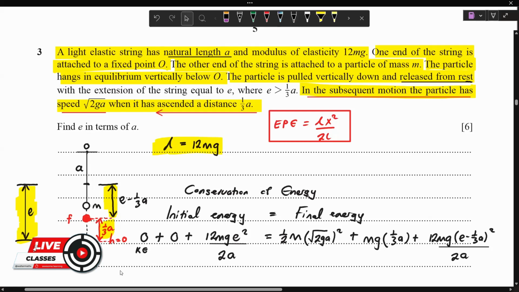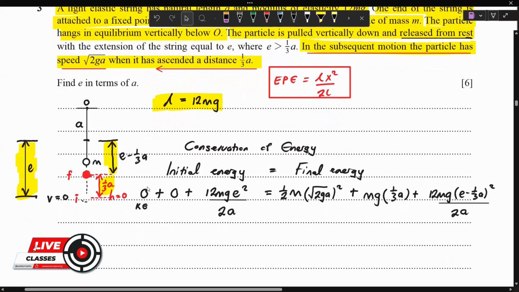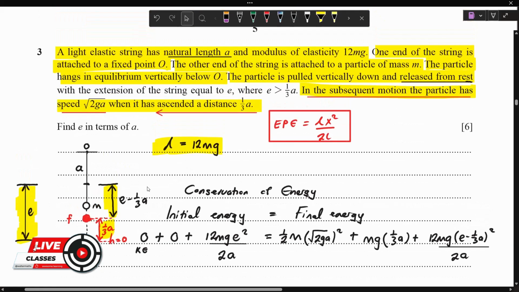Yeah. Okay. So what you don't understand is why we used E as the extension? Yes, the whole distance. I don't understand why it is going beyond the mass m.